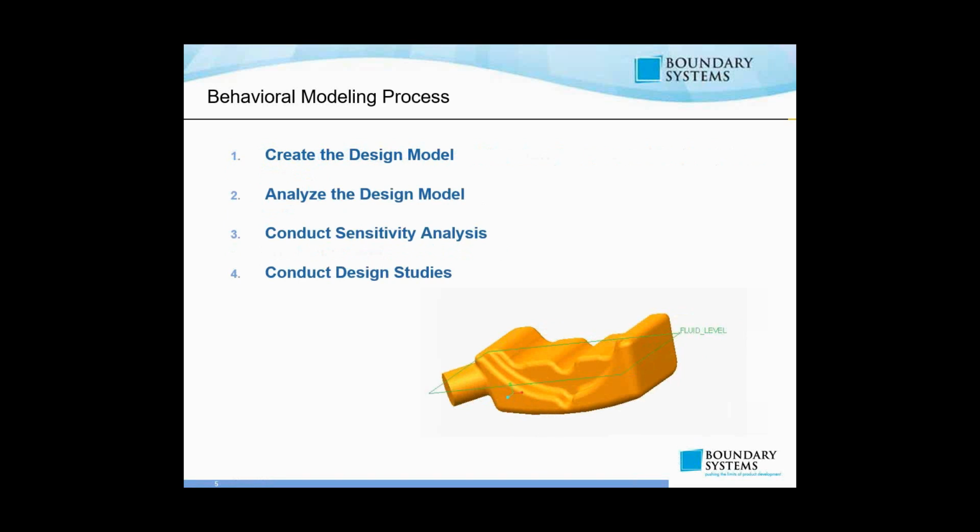All right, so in Creo, the typical behavioral modeling process starts off where you create your design model. So in this case, you create the base for that fuel tank, and then you do some sort of analysis on the design model, right?